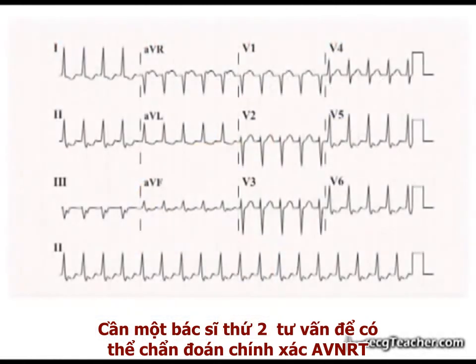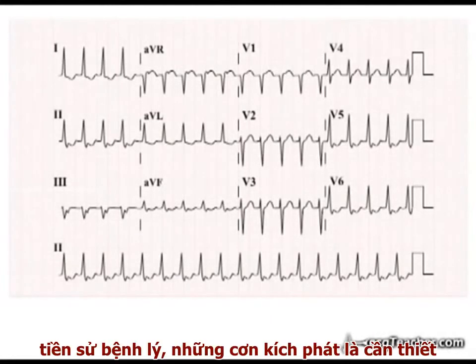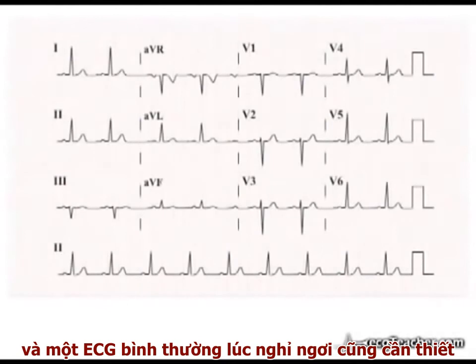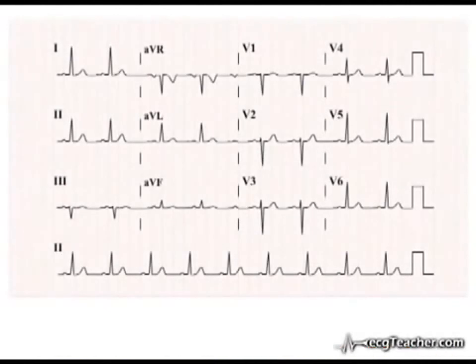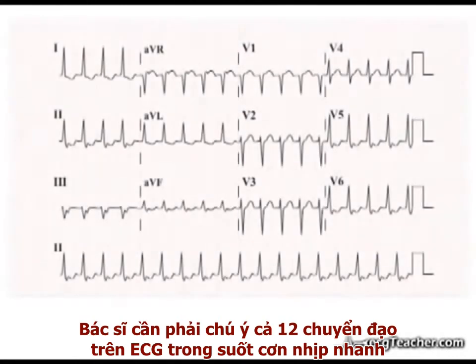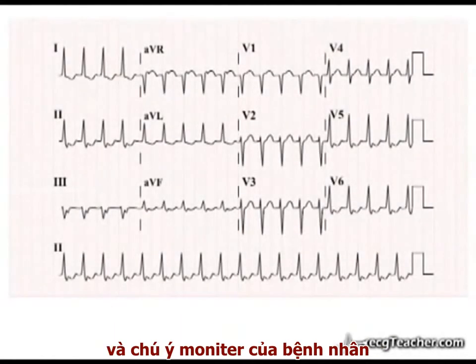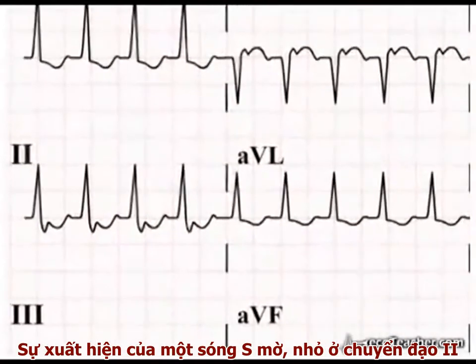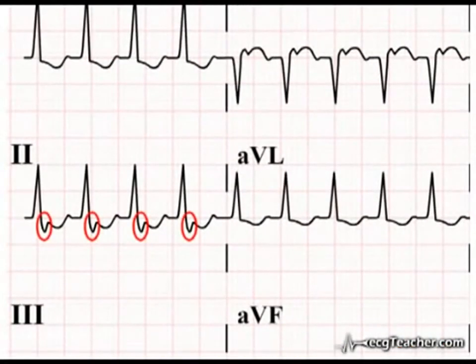The second doctor, the young lady in the case study consulted, spotted all the signs and made the correct diagnosis of AV nodal reentrant tachycardia. The clinical history of paroxysmal episodes is typical, and a normal resting ECG is expected. In addition, the doctor noted on both the 12-lead ECG obtained during the attack and on the patient's monitor the presence of small slurred S waves in lead 2.